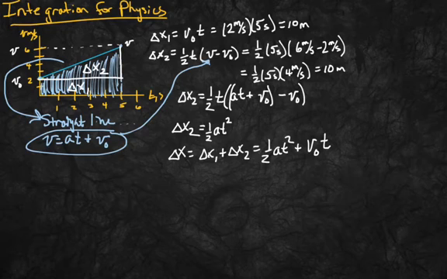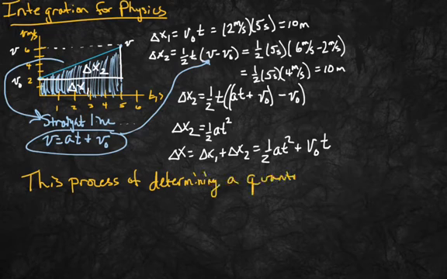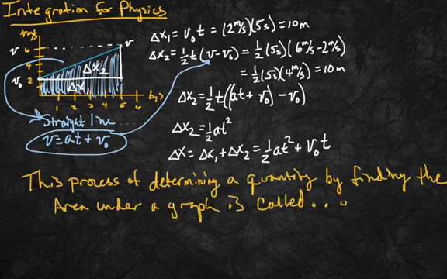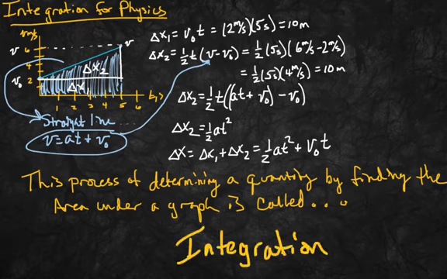This is equation 3 from earlier. So, this process of determining a quantity by finding the area under a graph is called, everybody all together? Integration. Good. I knew you could do that.